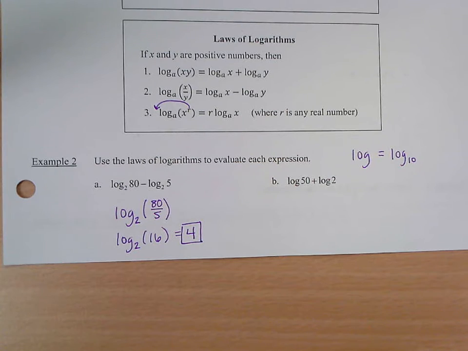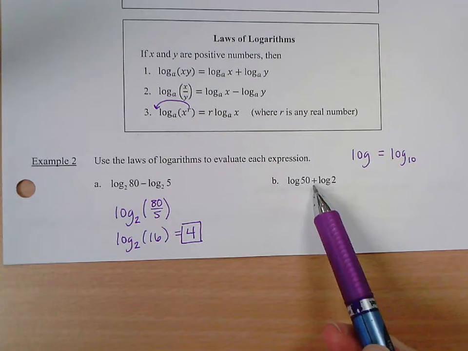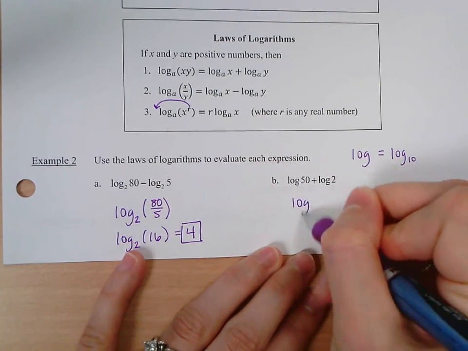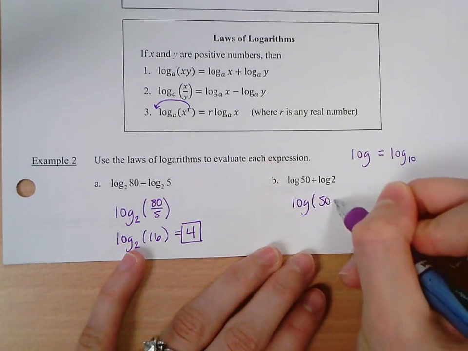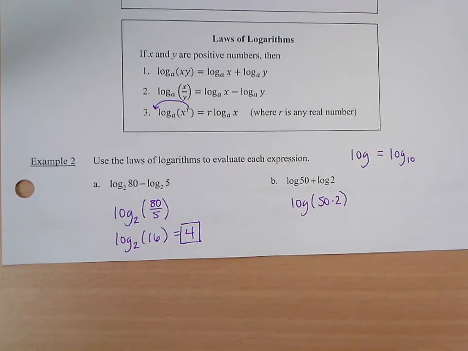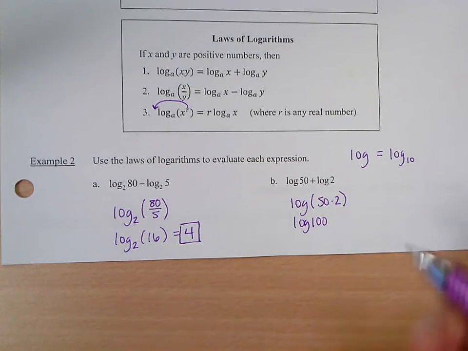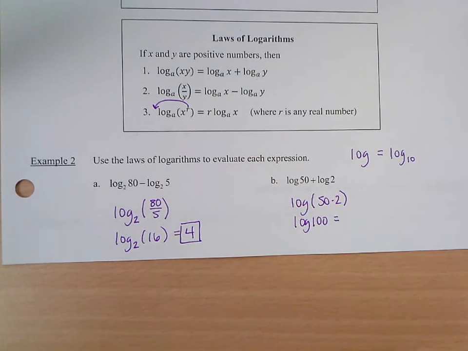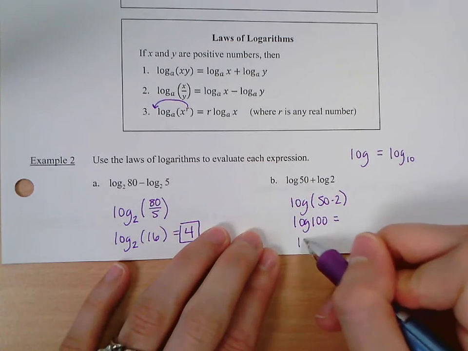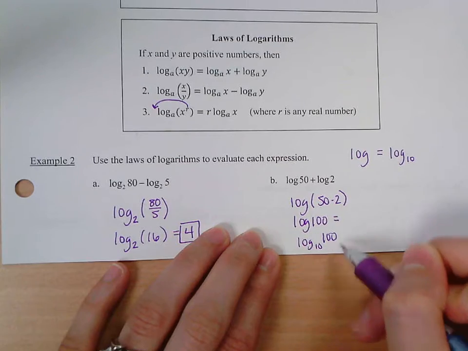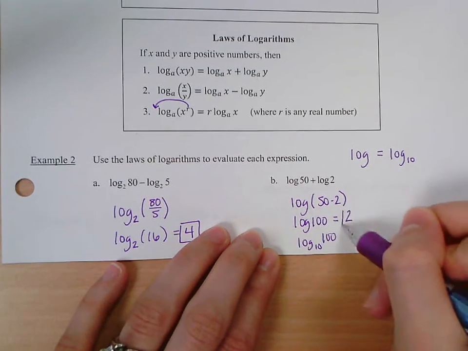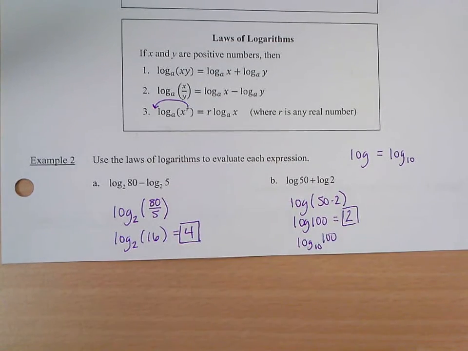So log of 50 plus log of 2, so I'm adding two logarithms, I can write this as log of 50 times 2, multiply the 50 and 2, so log of 100, which is what? 2. So this is log base 10 of 100. You raise 10 to the second power to get 100. 10 squared is 100.